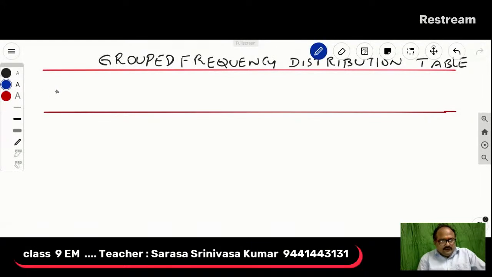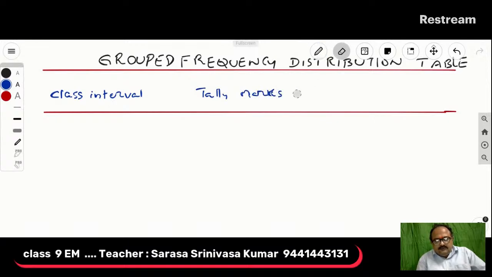Write class interval. The second column is tally marks. The third column is frequency.